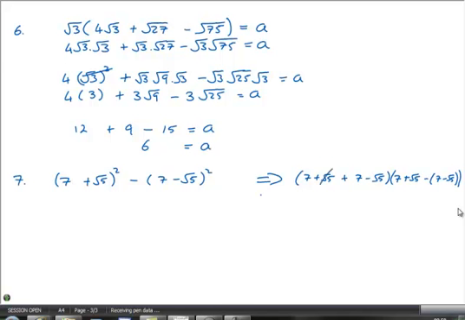You'd end up, they would cancel for me. 7 and 7 would be 14. Next bracket, the 7s would cancel for me, plus 2 root 5, and then 14 by 2 is 28 root 5. That would be a nice simple way to do it. A lot of people will miss that one.